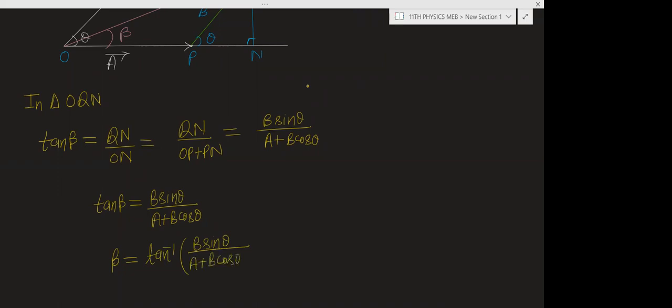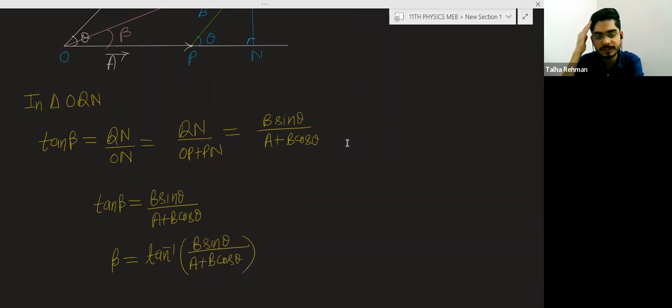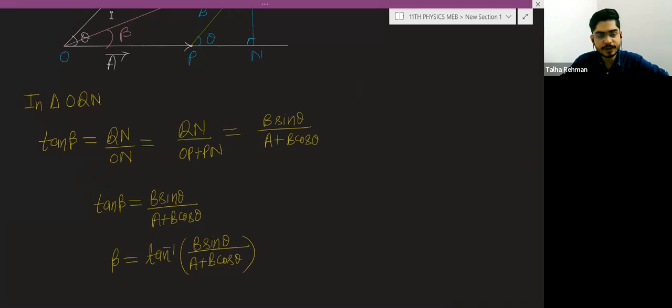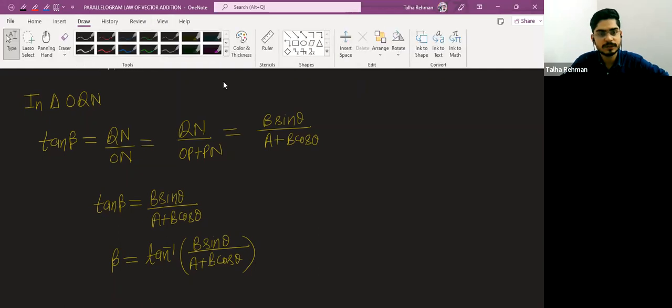Yes, sir. So basically, there is no requirement of the inverse trigonometric function in detail. You should just know the values, some values and one or two formulas. So this is beta equals tan inverse. I will recommend you to learn this formula instead.